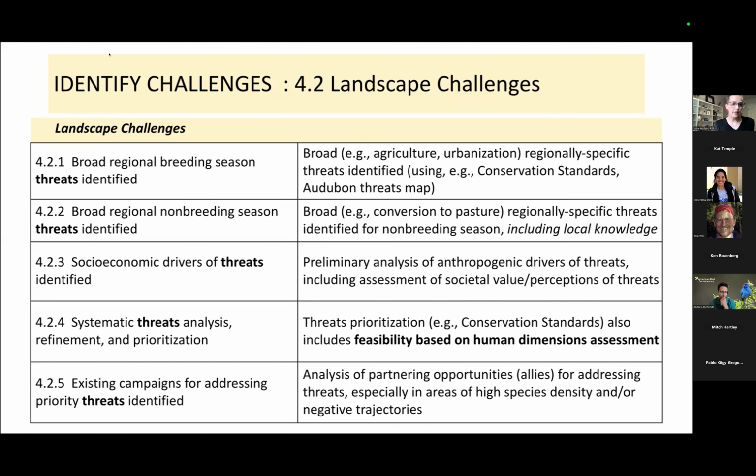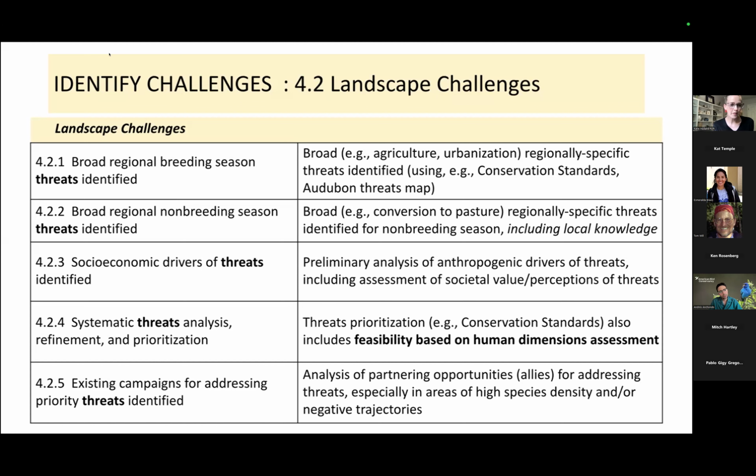So it's one thing to be able to prioritize which threats need to be addressed, and we can do that in a hypothetical landscape, but we don't work in hypothetical landscapes. We work in really messy, complicated landscapes that include a lot of human components.